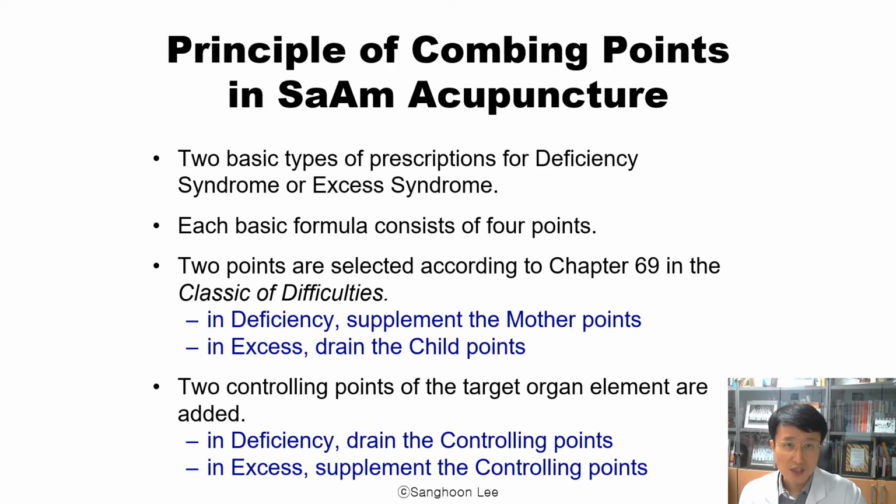In deficiency, reinforce the mother points. In excess, reduce the child points. In addition, 2 controlling points of the target organ element are added. In deficiency, reduce the controlling point. In excess, reinforce the controlling point.